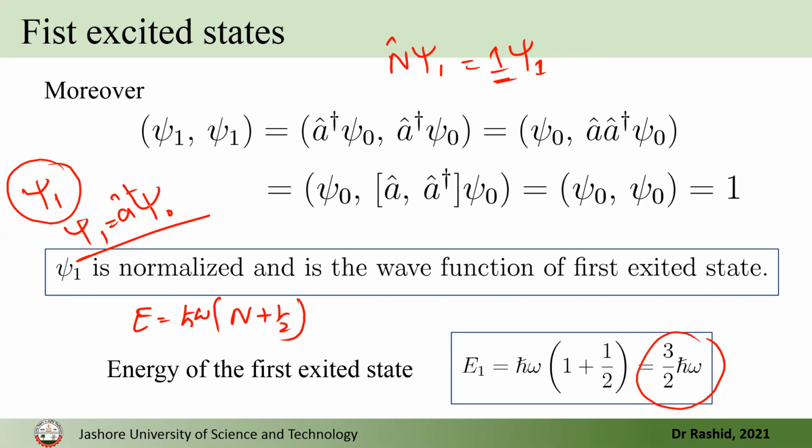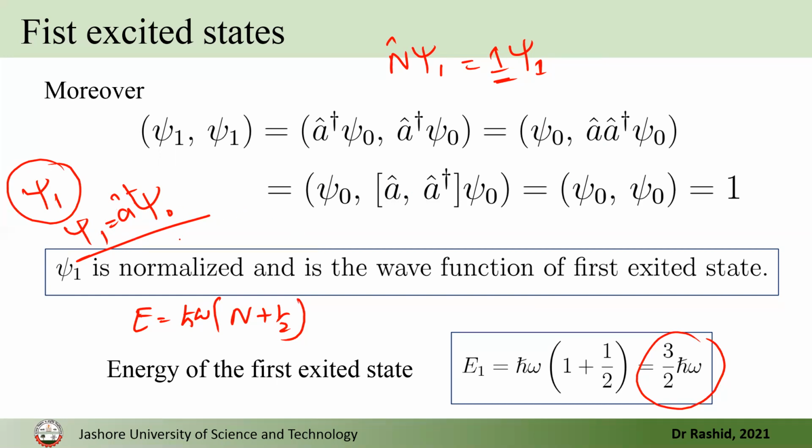So when the a hat dagger operator acts on the psi 0 wave function, you get psi 1. I suggest the students do this at home, to get the explicit expression for psi 1, not involving a hat dagger or any other such operators.